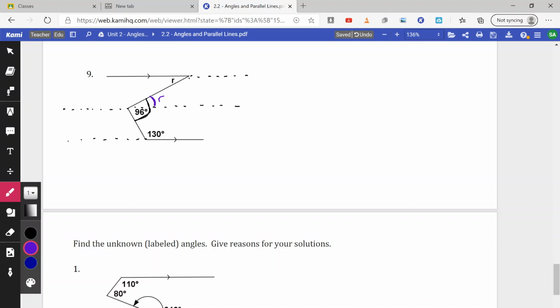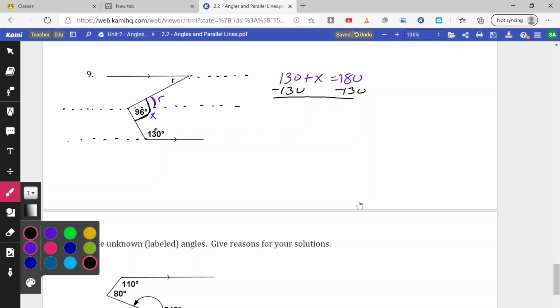Well, here we have 130 on the inside, and we have this angle on the inside as well. They are consecutive interior angles. So this means they will add up to 180. So if we call this angle X, we know that 130 plus X is going to give me 180. If we subtract 130 from both sides, we get X equaling 50 degrees.